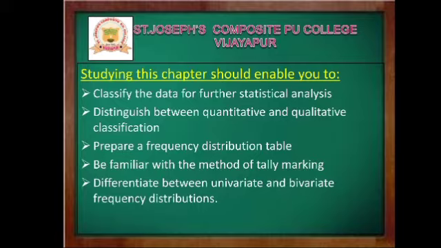You can learn the classification of data, and also the preparation of frequency distribution table, means how to prepare the frequency distribution, what are the steps needed to prepare it. You can also be familiar with the method of tally marking. And finally, you will differentiate between univariate and bivariate frequency distribution.